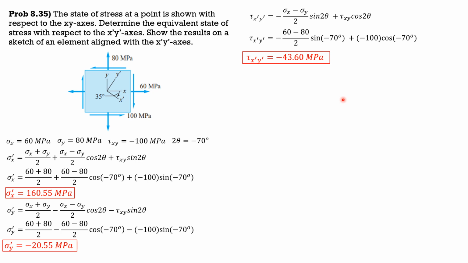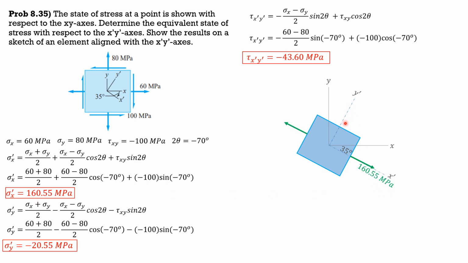So let's now show on the sketch the equivalent state of stress with respect to the x prime y prime axis and align these values here. So on the x prime axis, we have tension 160.55 megapascals as shown.